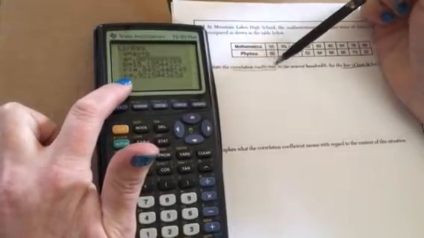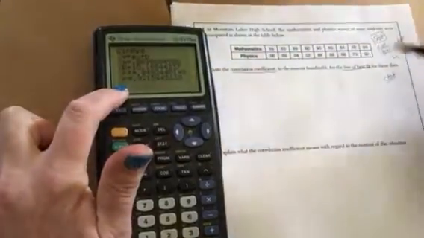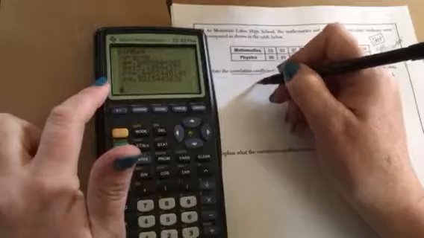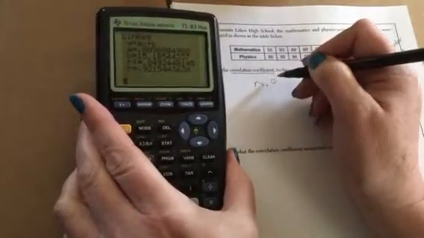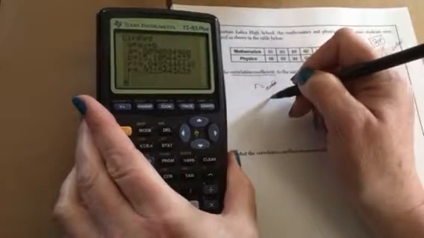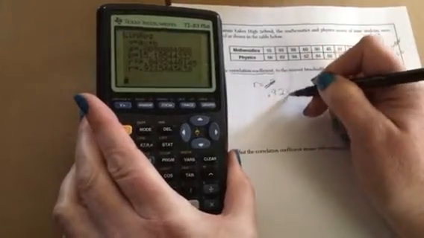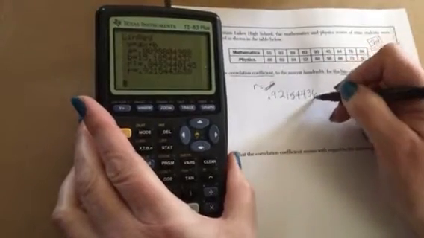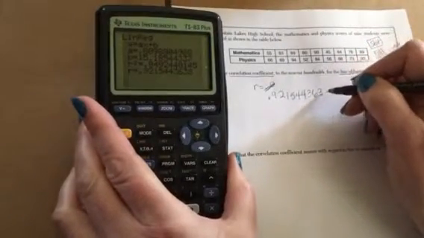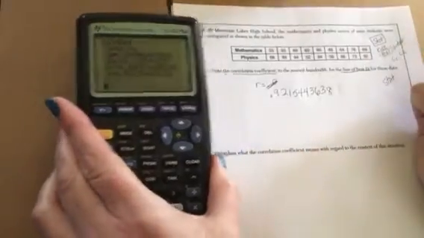State the correlation coefficient. So we literally write it right here. R equals, well, no, not 0.0, my mistake, 0.92154436 38.